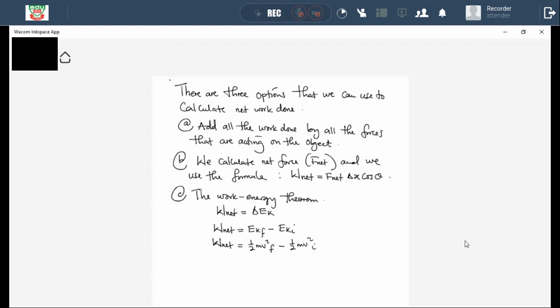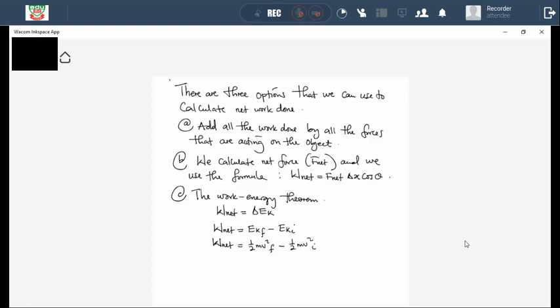So in short, what I'm saying here is, learners, if you are to calculate net work done on an object, you analyze the question: what is it that you are given that will actually make your life easy? If you are given the magnitude of the forces acting on an object, then it's not debatable. It means you can either use option one or option number two.